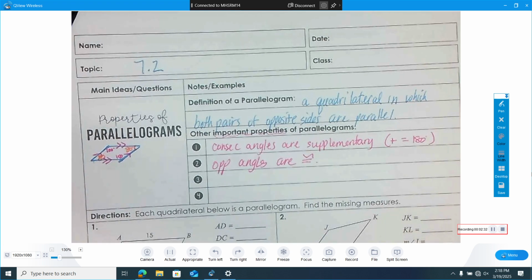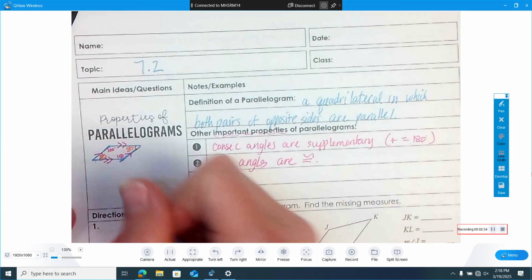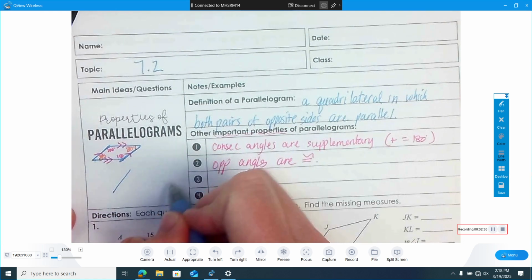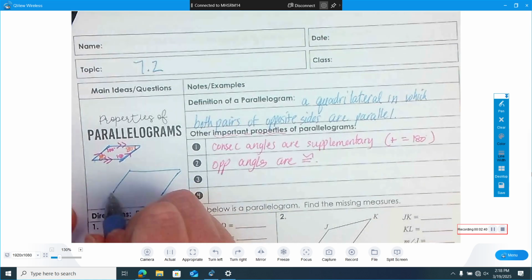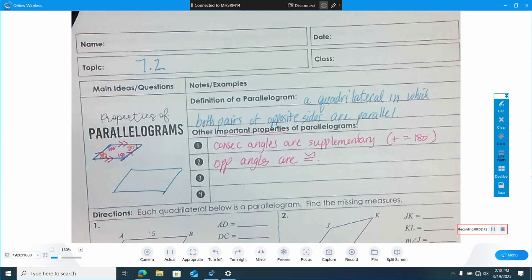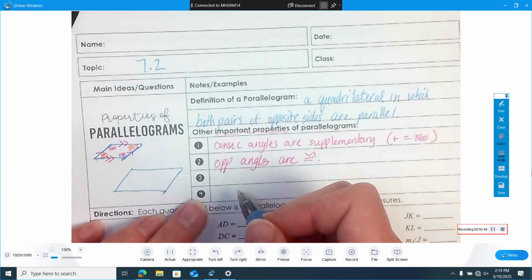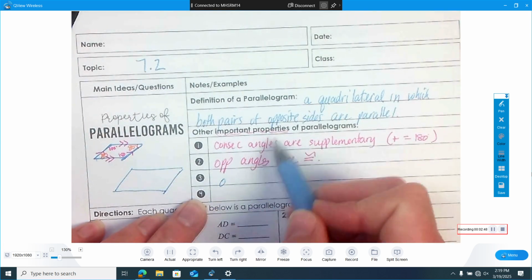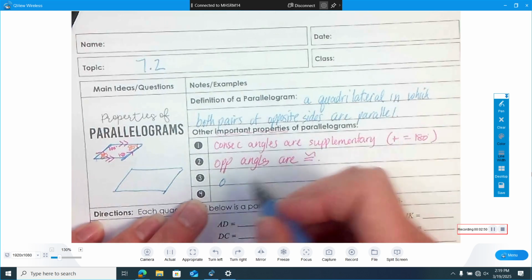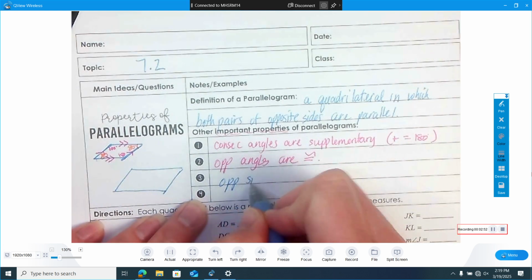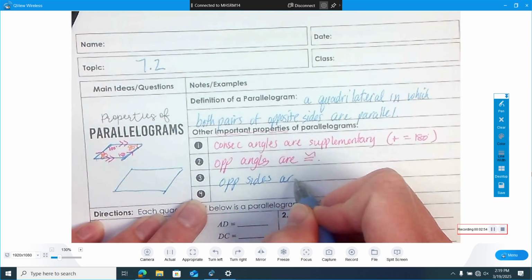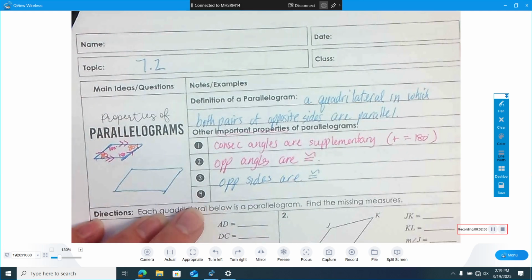I'm going to draw another little parallelogram. So let's draw another pair of parallel sides. Okay, so here I have another parallelogram. We got a couple more nice things. First of all, not only do we have information about angles, but opposite sides are also congruent.